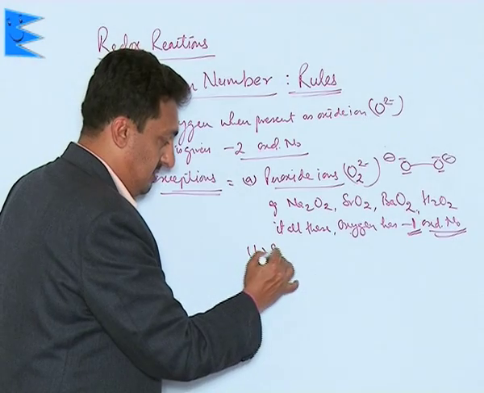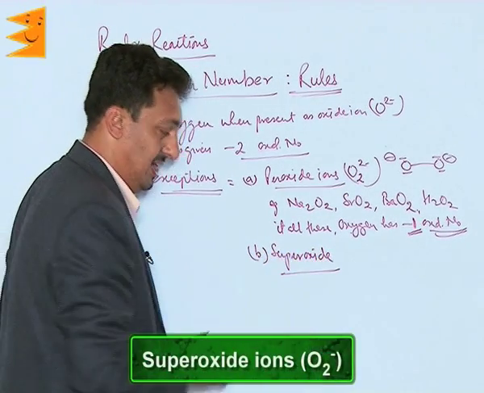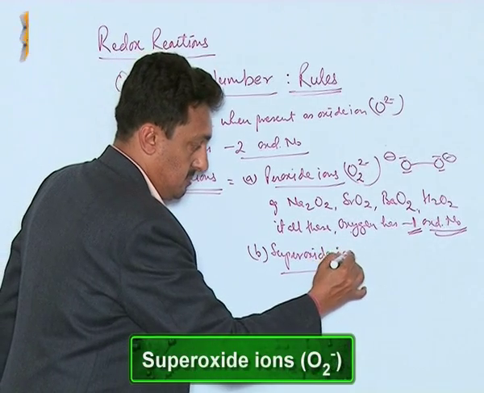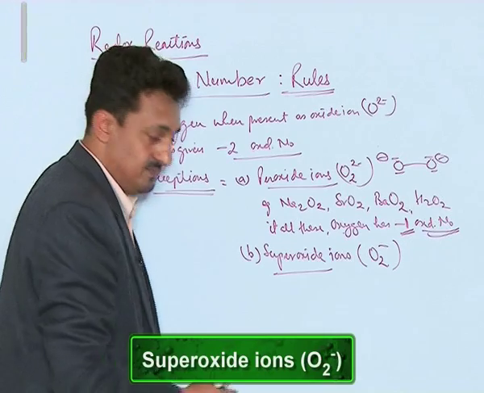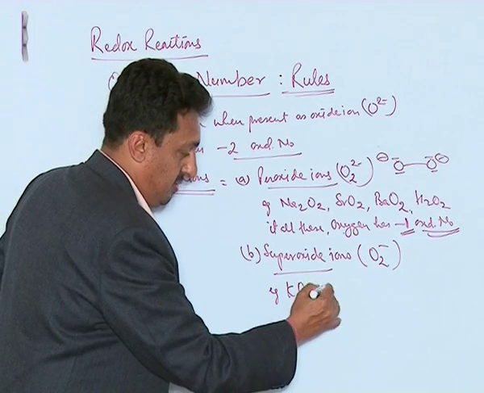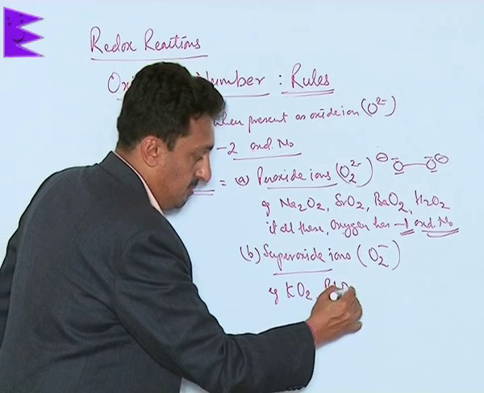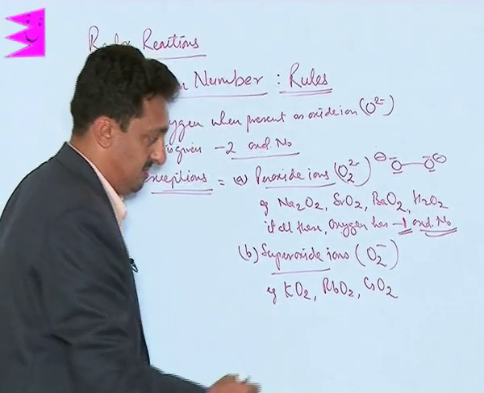The other is the superoxide ion, O2-. Examples: potassium superoxide, rubidium superoxide, cesium superoxide.